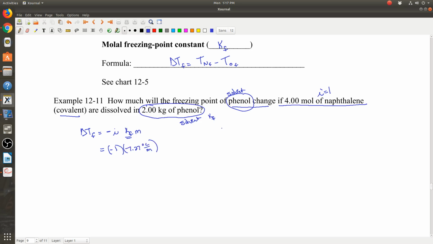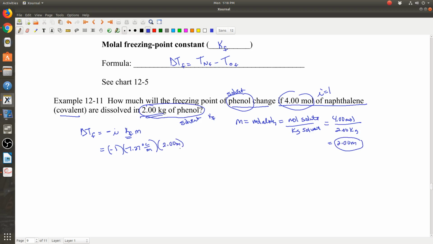All right, what's the molality? It's moles of solute over kilograms of solvent. Careful. They gave me the moles of the solute, 4, and the kilograms of the solvent, 2. So this is 2 molal. There's my 2.00 molal, 3 significant figures on the top and bottom.